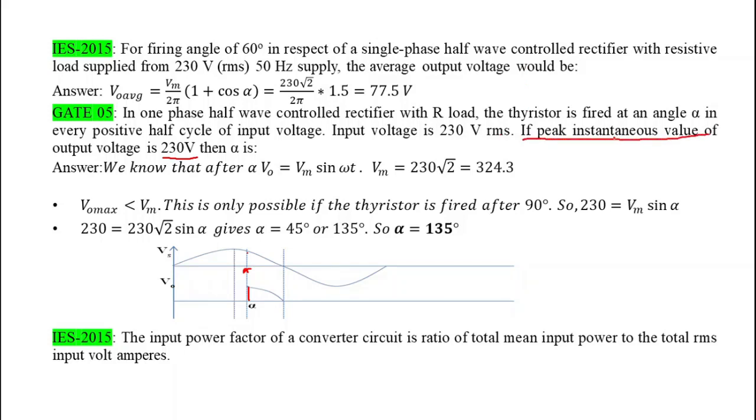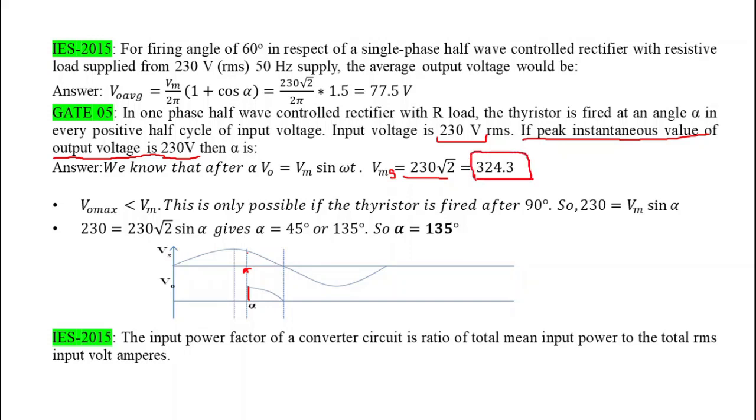If the peak instantaneous value of output voltage is 230 volt, what does it mean? The RMS value of the source voltage is given, so we can easily calculate the maximum value of the source voltage, which is 230 root 2, that is 324.3.